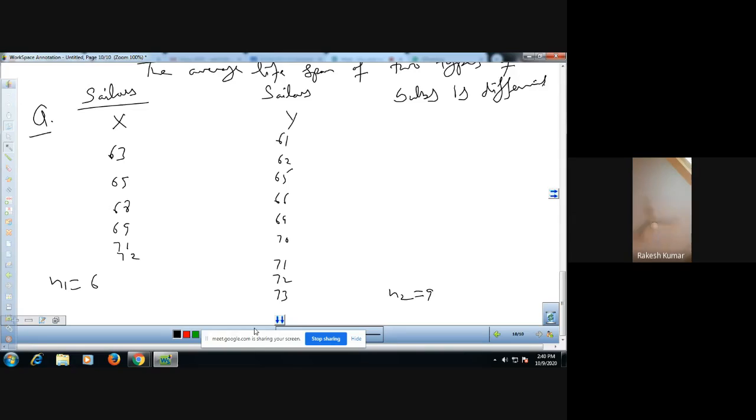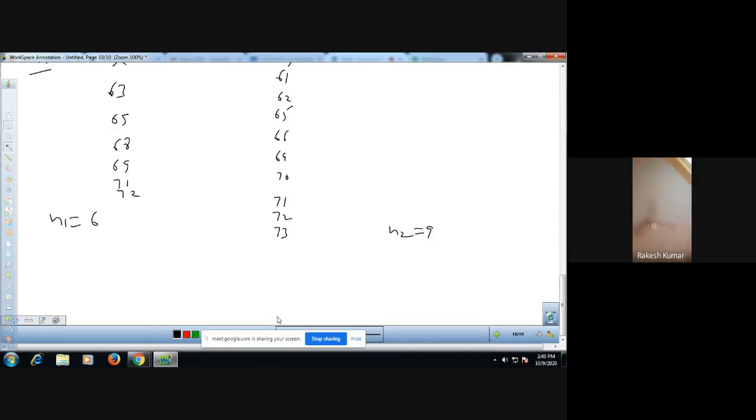And they are saying to test whether the sailors are on the average taller than the sailors on this side. You can remove the sailors here. You can take the soldiers, so that we will have different names. These are the soldiers, these are the sailors. And they are saying to test whether the sailors are on the average taller than soldiers. This is the question they have asked.